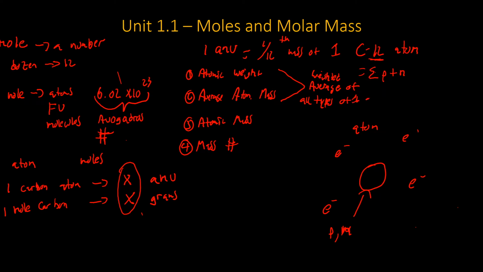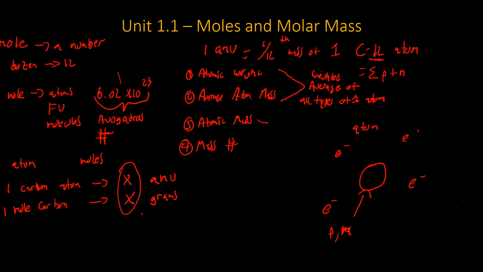When we're talking about different versions, there's different things we can do to one specific atom to change it while still making it carbon. If we had carbon, for instance, you could change the number of neutrons, you can change the number of electrons, and it's still carbon. Once you change the number of protons, different element, but more on that later. The point is that these two terms mean the weighted average value of all the different versions of carbon.